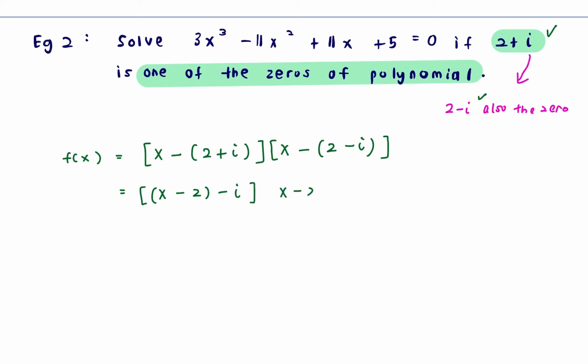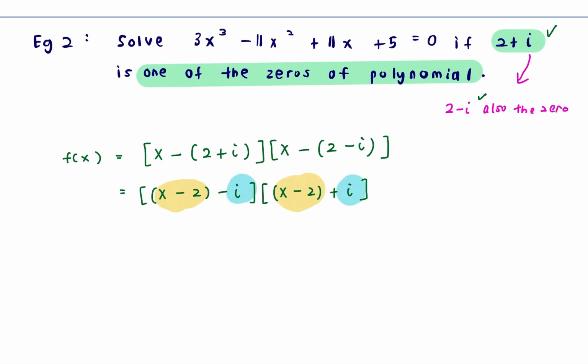And then this one, x minus 2. Open up the bracket, negative, negative becomes positive plus i. Okay. So let's say this is your a, and then this is your b.